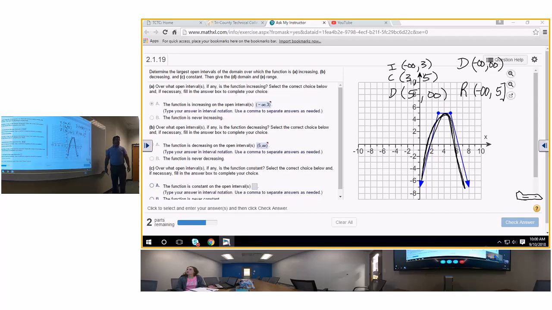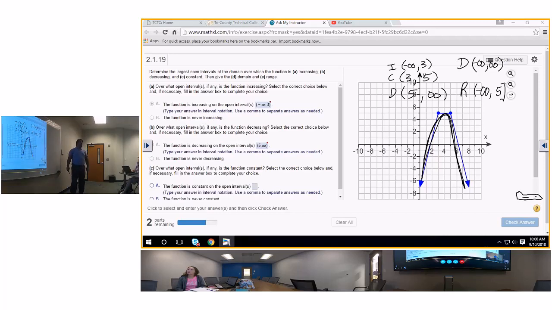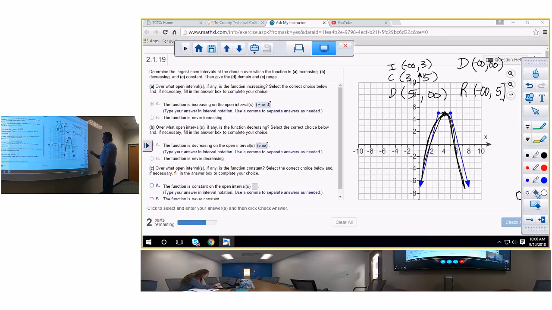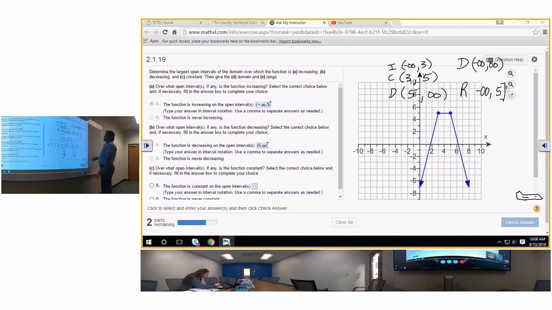Would 5 get a parenthesis or would it get a bracket? It would get a parenthesis because when you've got a parabola at this point, you're neither going up or what? Down. So it would get a parenthesis. But since it's not a parabola and it's got a constant function going on up there, you get a bracket.